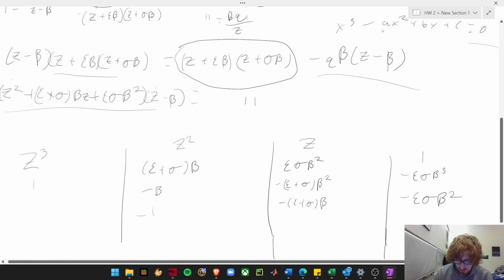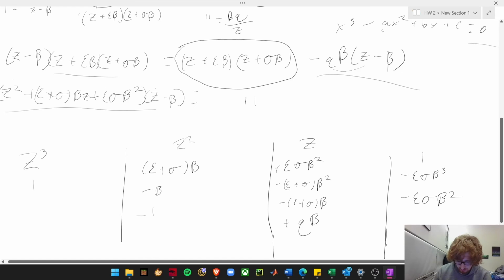And we're ready to do this term here. Let's see, this first one here is going to be negative q times beta. And then the second one, since the sign on this first one is going to be negative, it's actually going to be a plus q times beta.